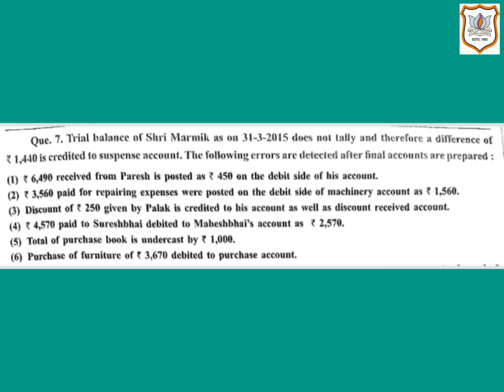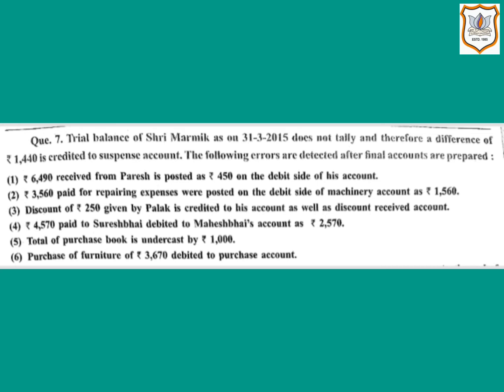But in case suspense account is not closed, the balance in it is taken to the balance sheet on the asset side if there is a debit balance, or the liability side if there is a credit balance. Thus, we can say that when the error is committed only on one side, the correct account is debited or credited correctly, and the other account, that is, suspense account, is debited or credited.